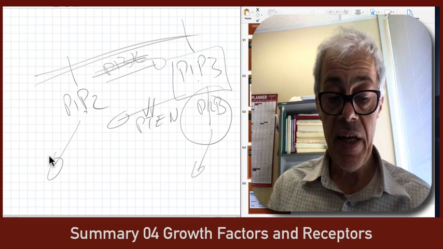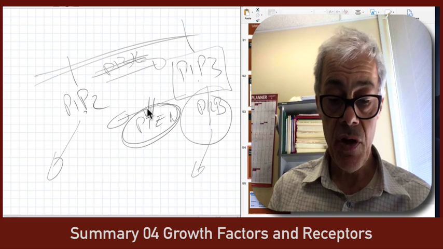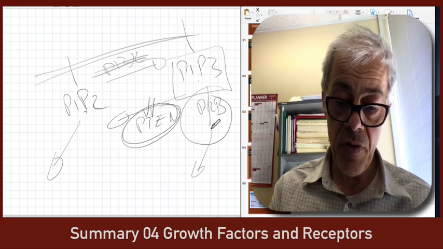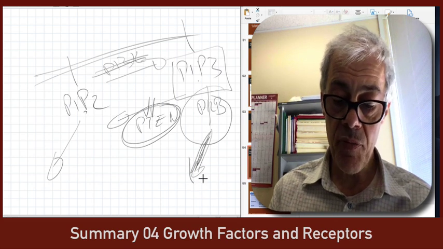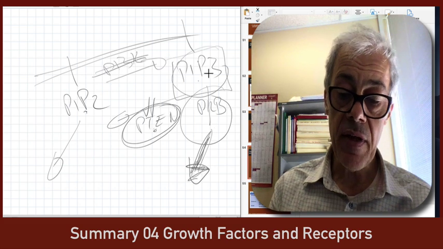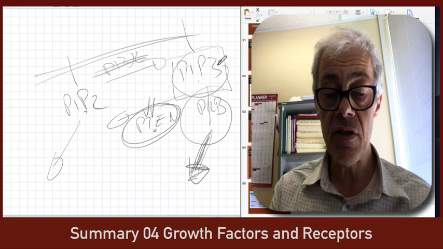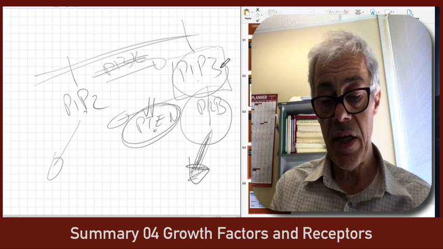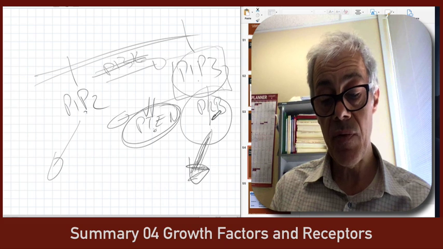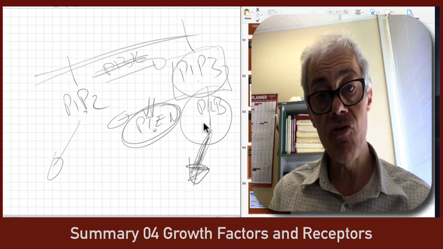In cancers, often this is mutated so that these pathways predominate. So if this is mutated, then PIP3 is locked into the PIP3 state. When the conversion happens here, there's no off switch. And if that's mutated, then this exists, and therefore these pathways leading to cell growth and proliferation are driven.